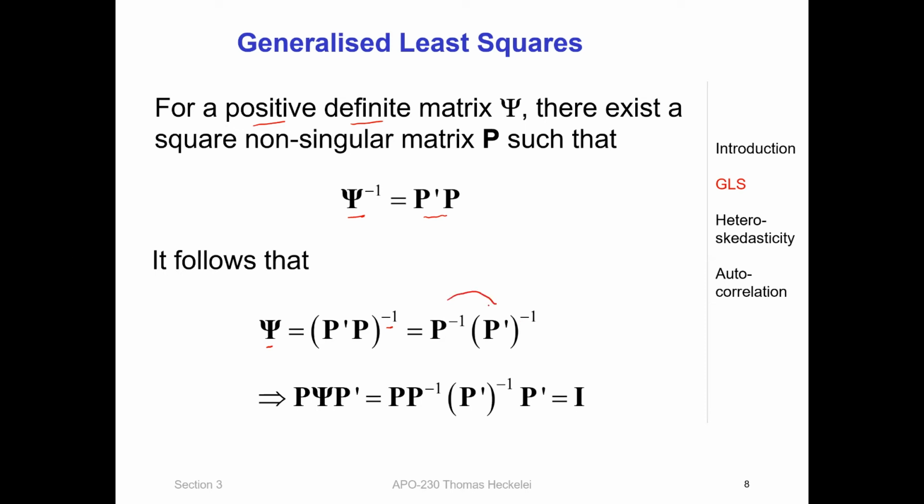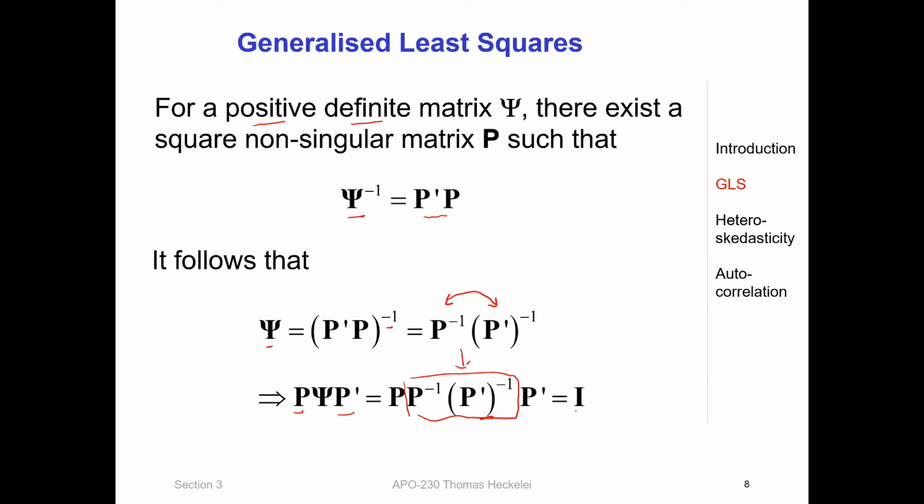Nevertheless, you have to switch the order. So P inverse comes first and then P prime inverse comes later. Then the next thing we can see is that if now we pre-multiply by P and post-multiply by P prime to the psi matrix, and we plug the expression of psi in here. Now this is psi, following from above, right?